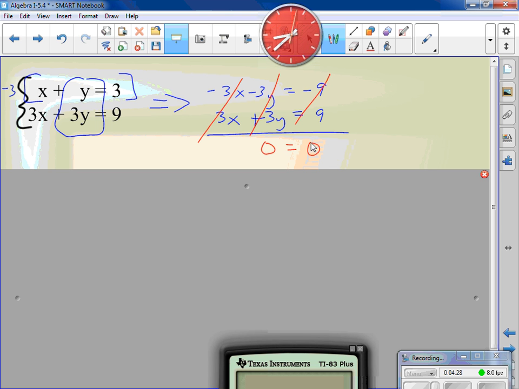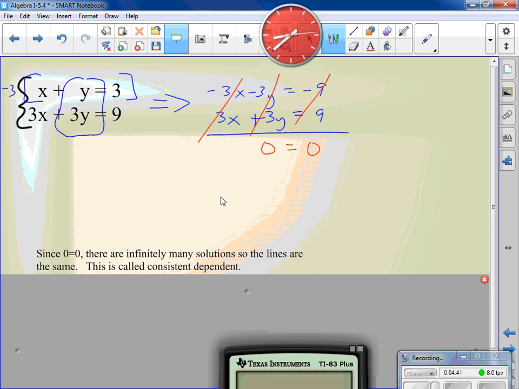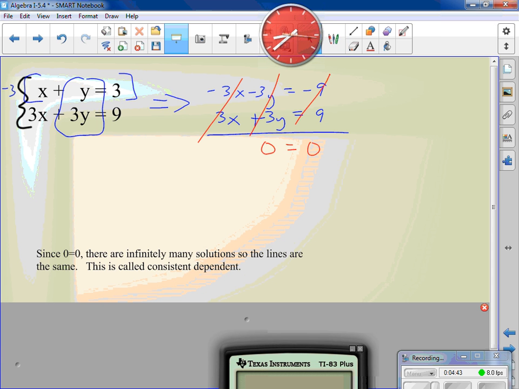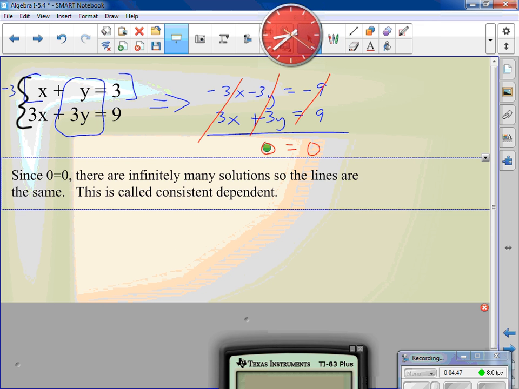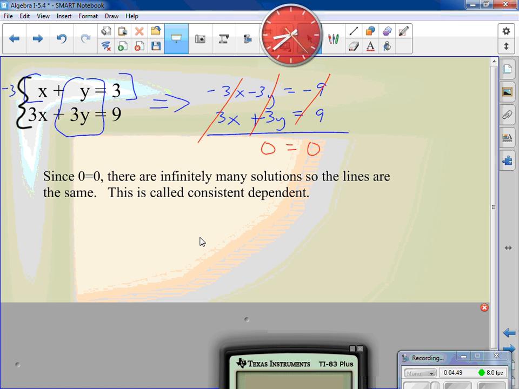I have 0 equals 0. Everything canceled out. Now, if you used the substitution method, you probably would end up with something like 9 equals 9. Since 0 equals 0 or 9 equals 9, that means there are infinitely many solutions. And that means the lines are really the same.